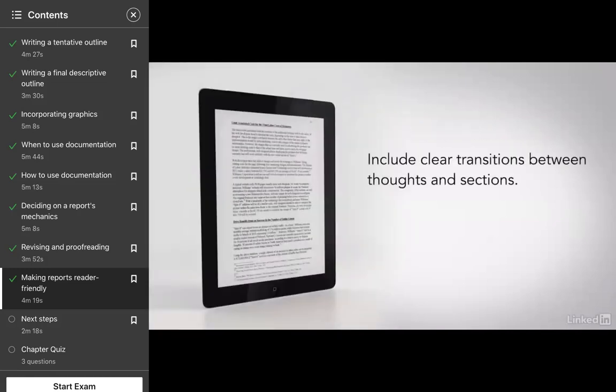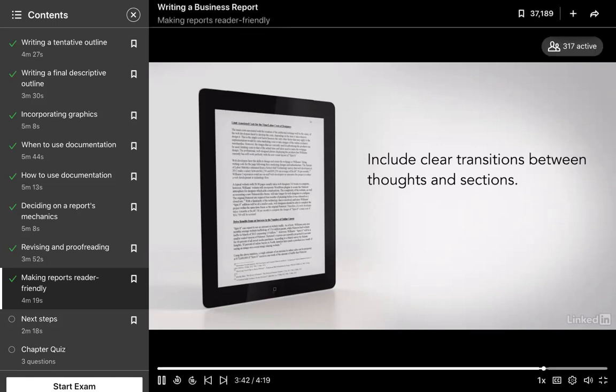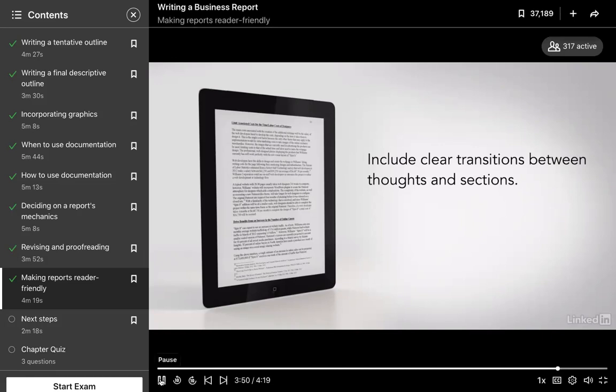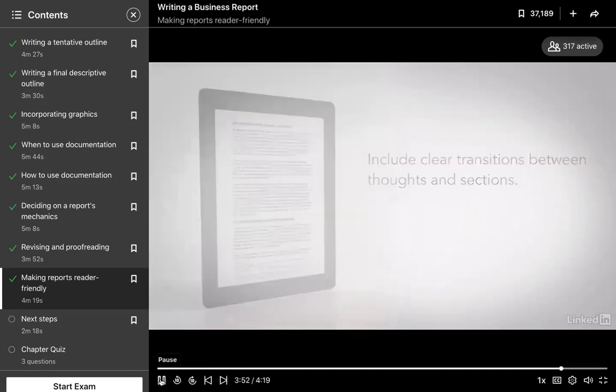So another way to help ensure the document is easy for the reader is to check the transition, lead in and lead out of each section. Tie together the ideas. Use words such as furthermore and on the other hand as you guide the reader from idea to idea, section to section. Use words such as consequently and therefore to alert the reader that you are giving a conclusion based on data presented.